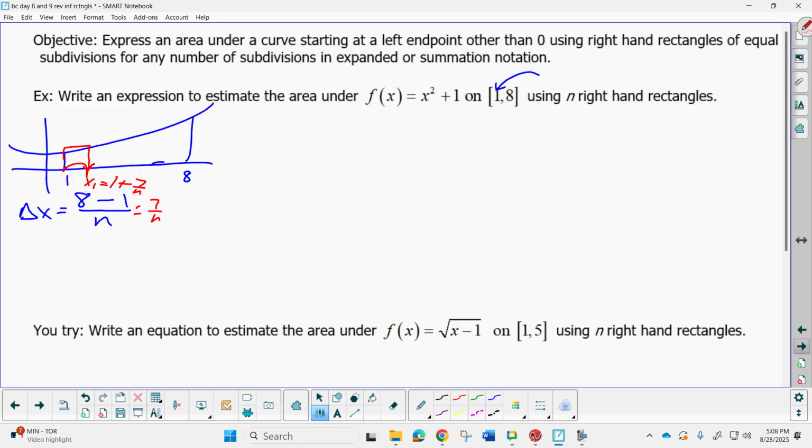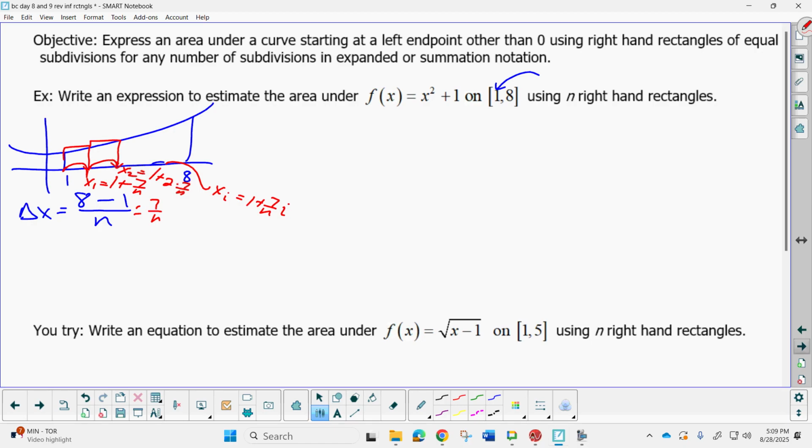Now when I go one more over to get to x2, it's starting at 1 going over 2 7 over n's, and I draw the height. So generally speaking, x sub i is starting at 1 going over 7 over n, i times.